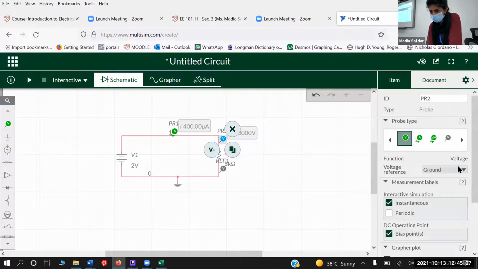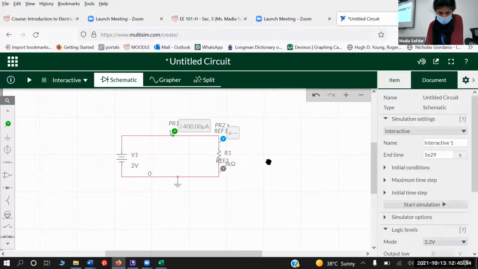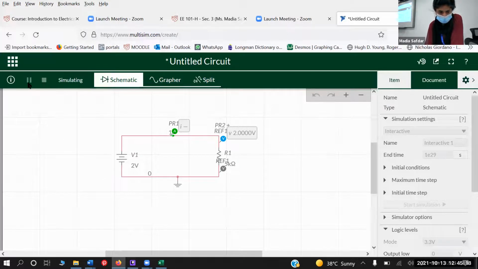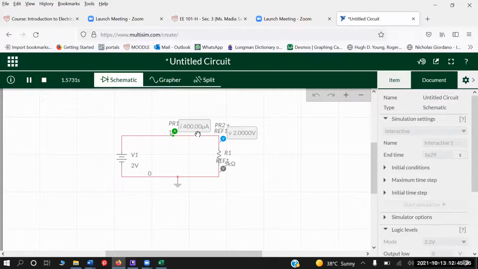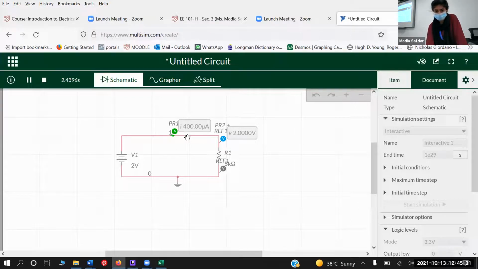Okay, now here change the reference to ref 1. So this is 5 kilo ohm, right? 2 volt. It's fine, you can shift the decimal, no problem. So this is microampere, right? If you shift this it will be 400 microampere. Okay, then you multiply it with 100.